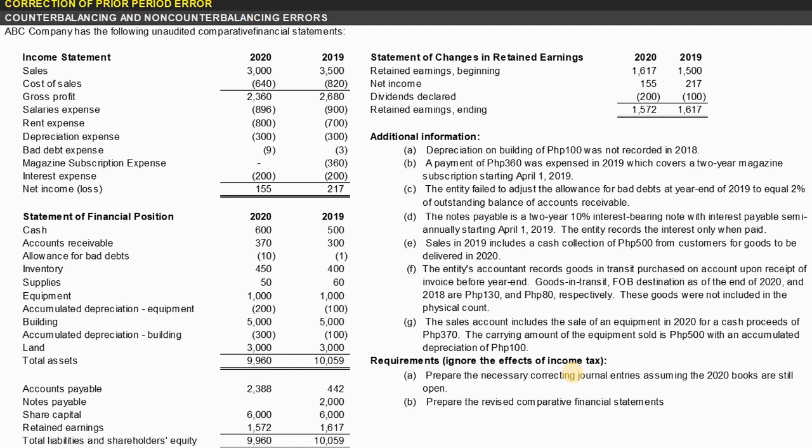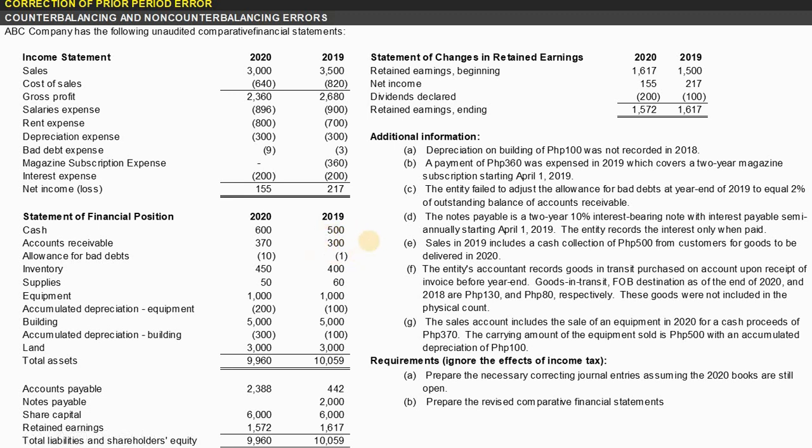Now let us proceed to letter C, the third error. The entity failed to adjust the allowance for bad debts at year-end of 2019 to equal 2% of the outstanding balance of accounts receivable. So based on our statement of financial position, the outstanding accounts receivable at the end of 2019 is 300 pesos.